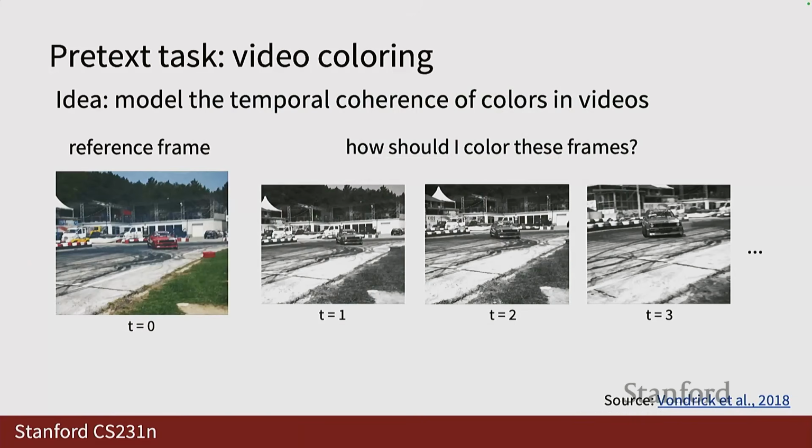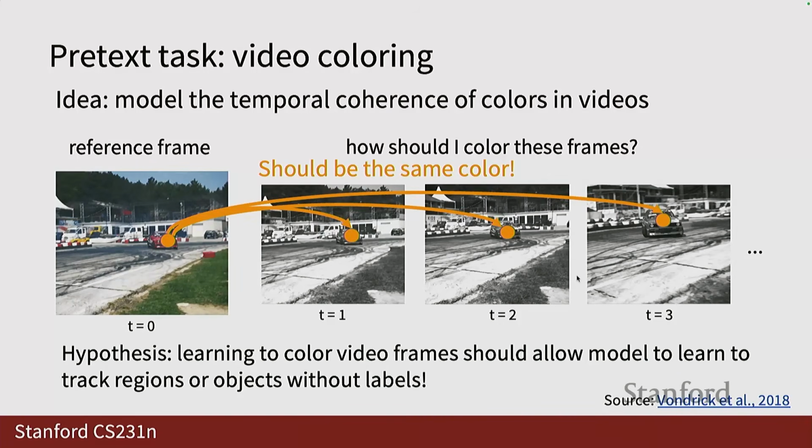So this could be extended into video settings, because now if we have a video, we can have a reference frame that has the color and do the coloring for the follow-up frames.